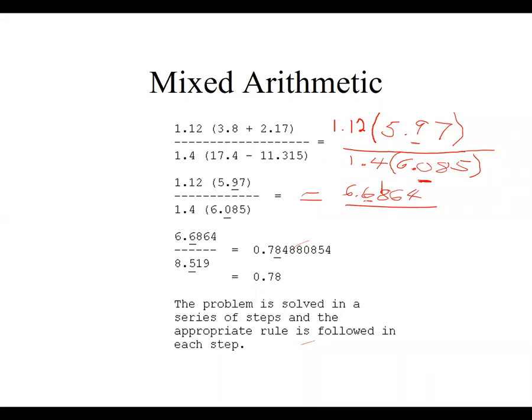If that number in parentheses were a final answer, it'd be 6.1. But I'm not going to multiply 1.4 by 6.1. I'm going to multiply 1.4 by 6.085. And when I do that, I get 8.519.